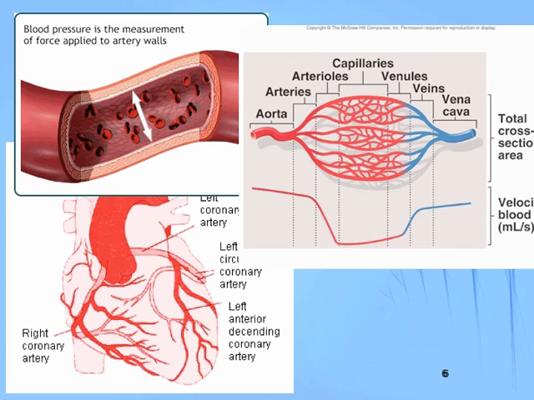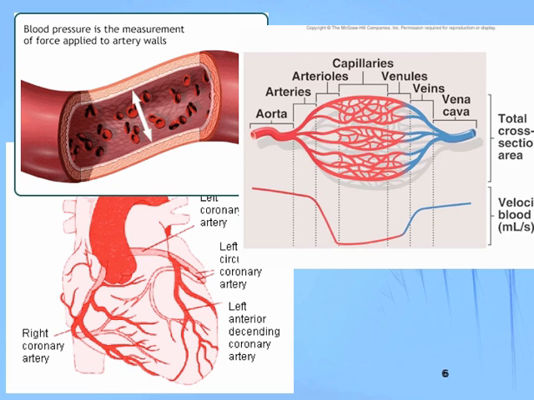This just shows, up in the upper left-hand corner, blood pressure. If we're pumping out more blood into that artery, more pressure is going to be exerted against the artery wall during systole. And below it, you'll see the coronary arteries, and they come off the aorta.